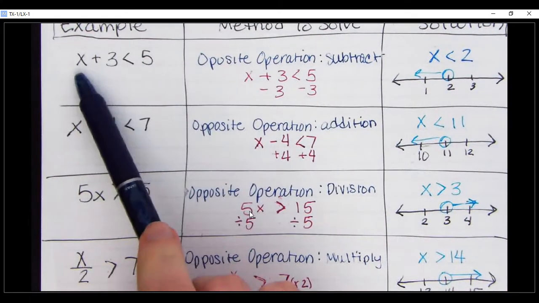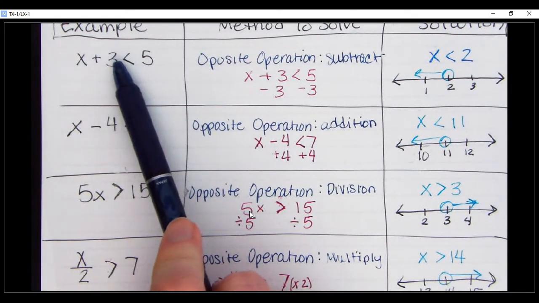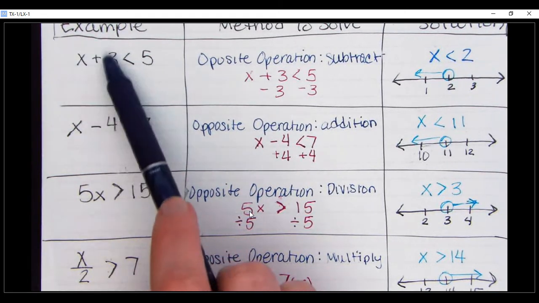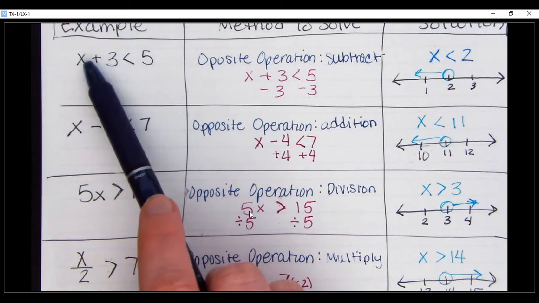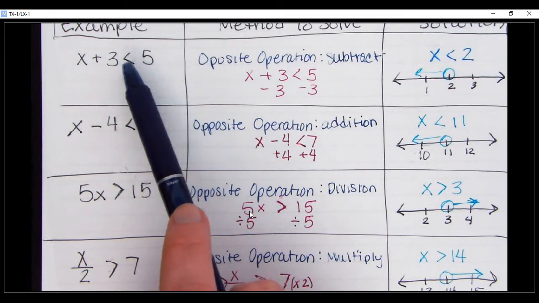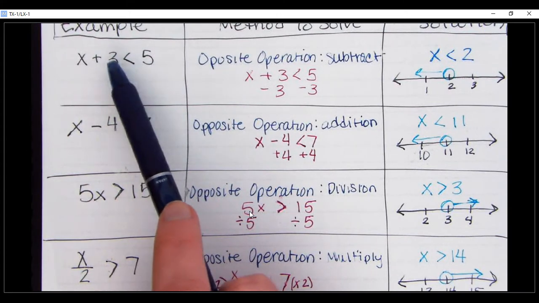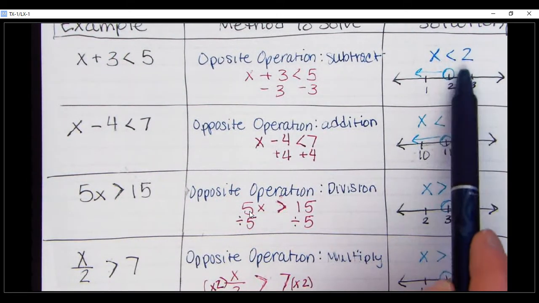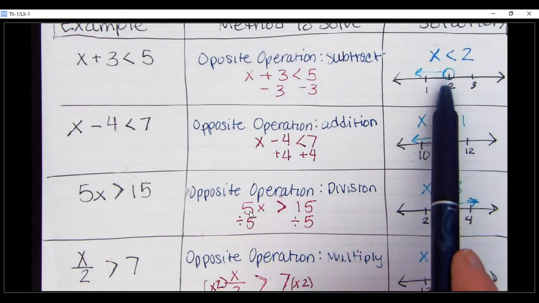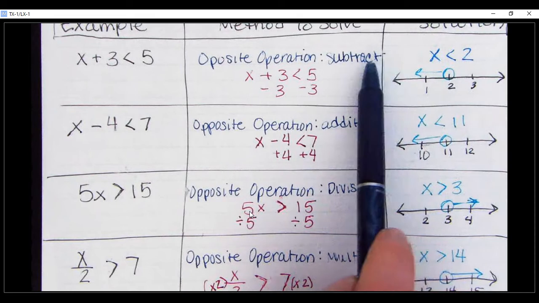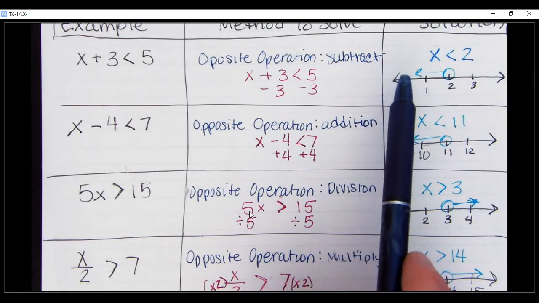If we plugged in 2 in here, 2 plus 3 is equal to 5. 2 is not going to make this statement true. We want a number that is less than what we have right here. So that's why we have that open circle. It's kind of a hint to us, telling us that 2 cannot be included. But literally any number smaller than that will make it true.